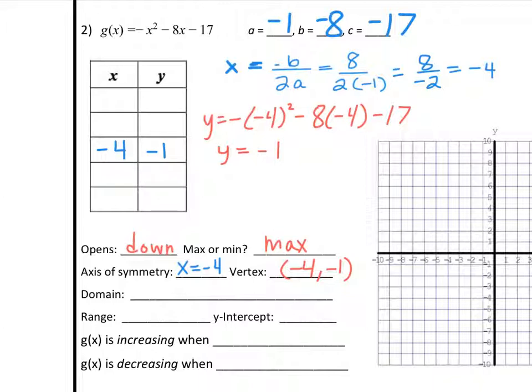Negative x squared, minus 8x, minus 17. Good. Now you can go to the table by doing the second graph. And then go up until you see x squared.